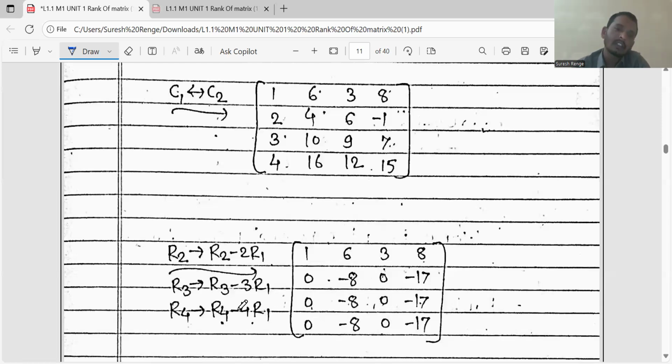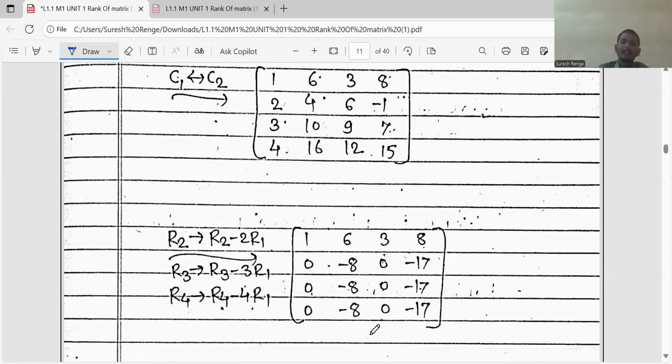Now minus 4 multiplied by 8 is minus 32, plus 15, 15 minus 32 is equal to minus 17. This is your matrix after applying these operations.